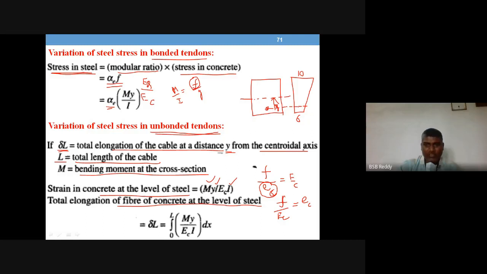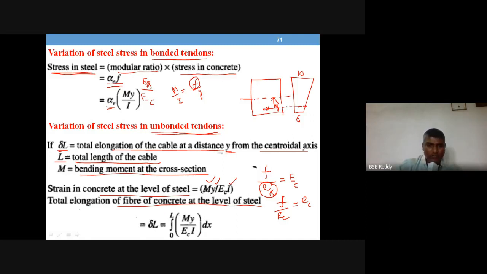If you pick up an imaginary line of concrete adjacent to that, how that is elongating will be related to steel, because we have strain compatibility. Though they are unbonded, both the fiber of steel and the fiber of concrete shall have strain compatibility, meaning the same strain. That is being utilized here.